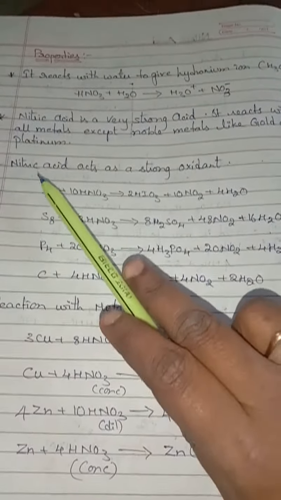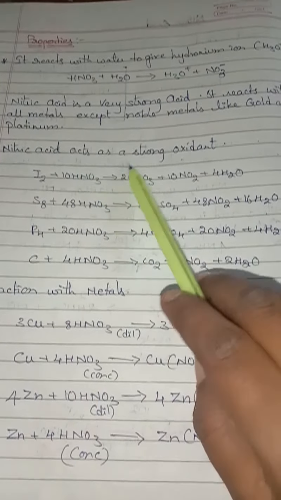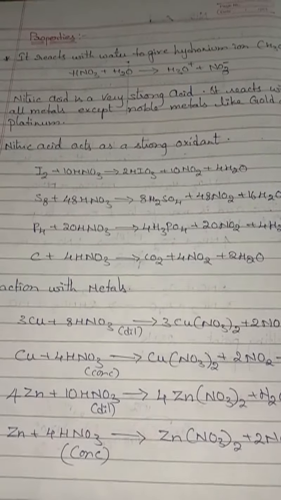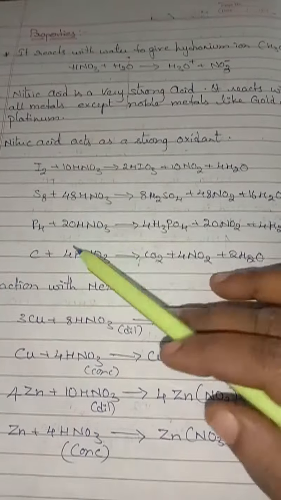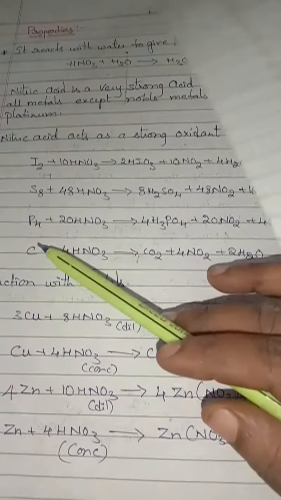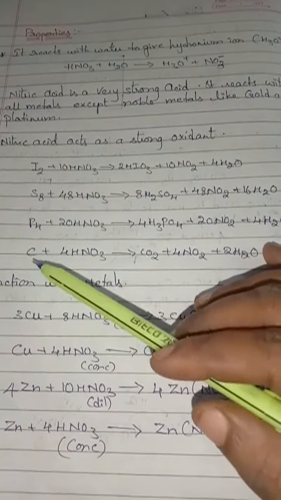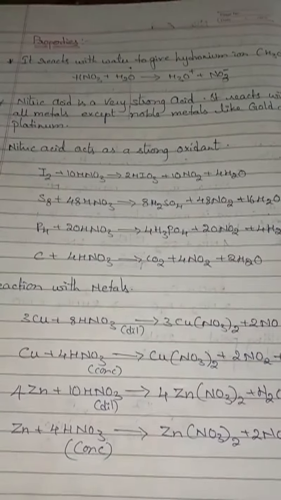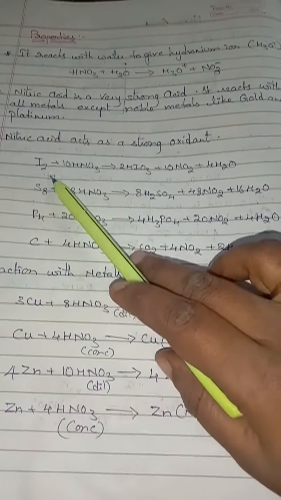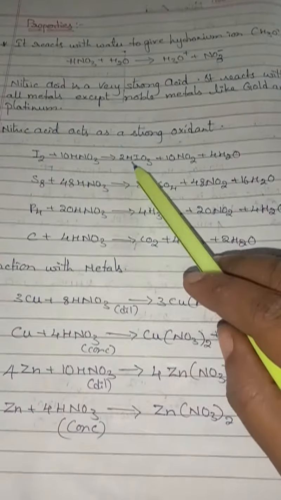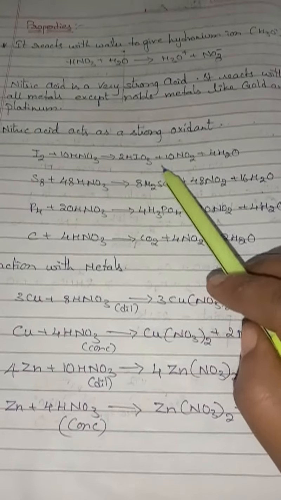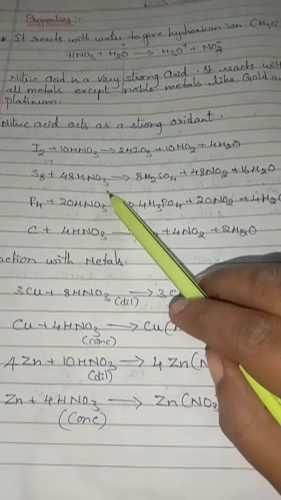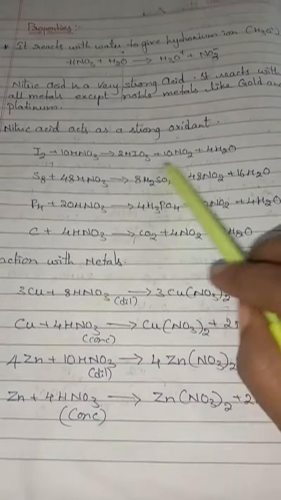Next one is nitric acid acts as a strong oxidant. Strong oxidant. So that means it can oxidize iodine, sulfur to sulfuric acid, phosphorus to phosphoric acid, and carbon to carbon dioxide. So see the reactions. When iodine reacts with nitric acid, it gives 2HIO3 plus NO2 plus water molecules. When sulfur reacts with nitric acid, it is going to give sulfuric acid.